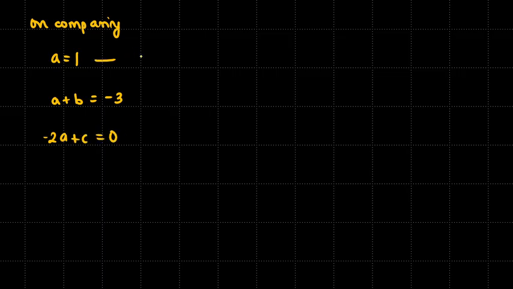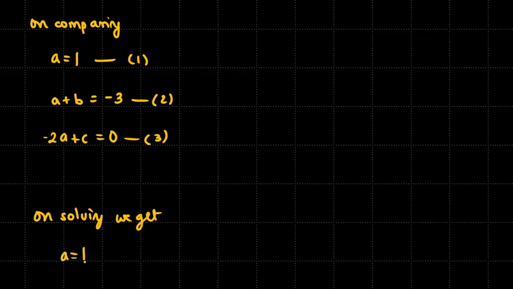Let's call these equation 1, equation 2, and equation 3. On solving, a is 1. Put the value of a over here: 1 plus b equals minus 3, which gives us b equals minus 4. And finally, with a as 1, c will be plus 2.